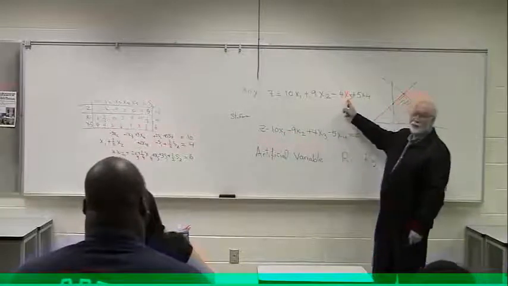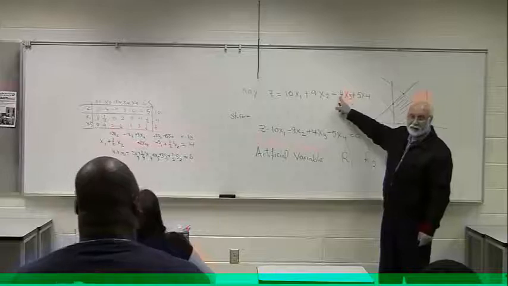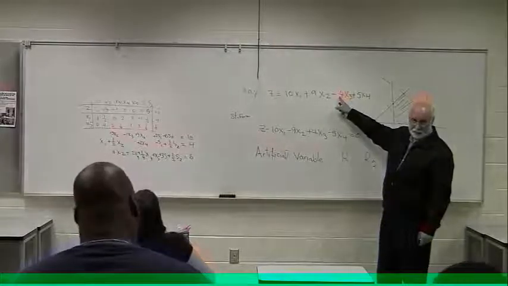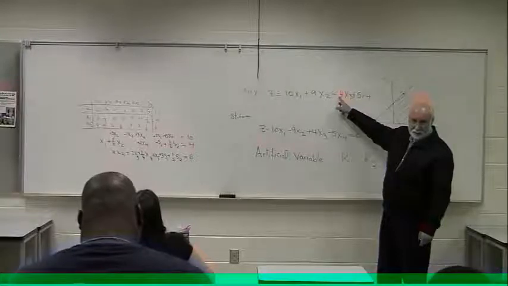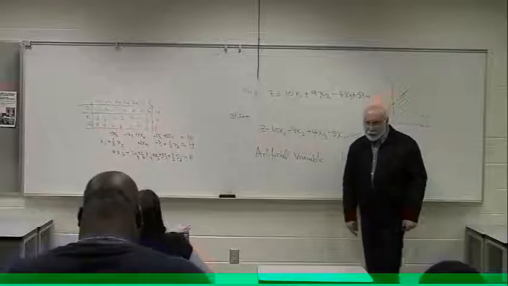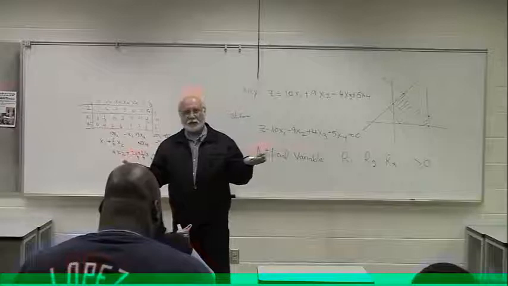Why didn't we want to approach X3 at all? Because it has a negative coefficient in here. That's why I didn't want to approach it. And say, okay, let me use that concept.